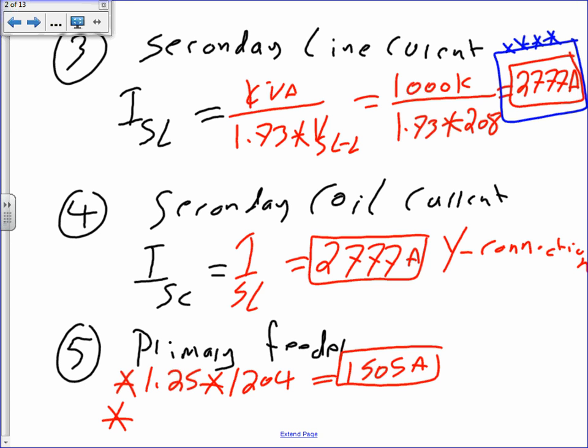So 1505, I don't think you can carry that with one conductor, can you? So what are you going to do? How are you going to parallel it? Remember, the rule is, when you parallel, try to hover over 400 amps. So what's the number that you divide the 1505 by to get you close to 400 amps?